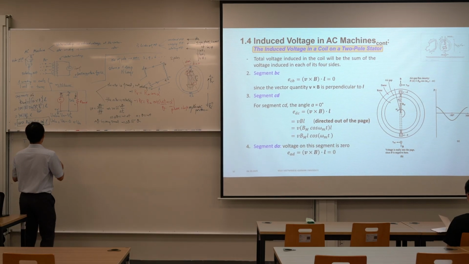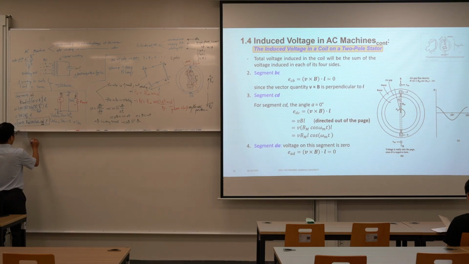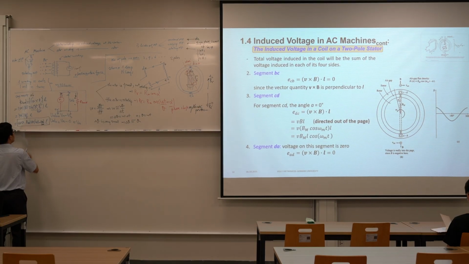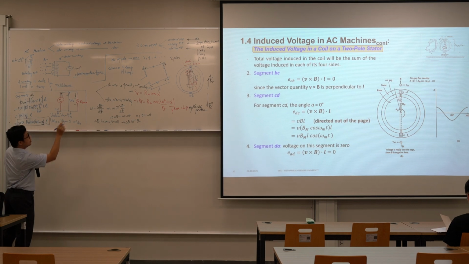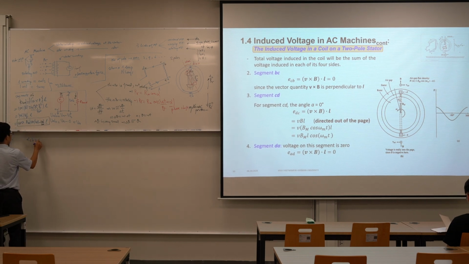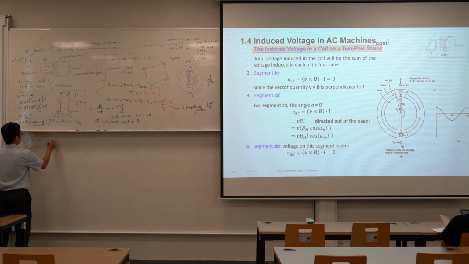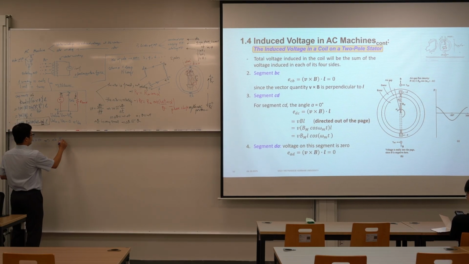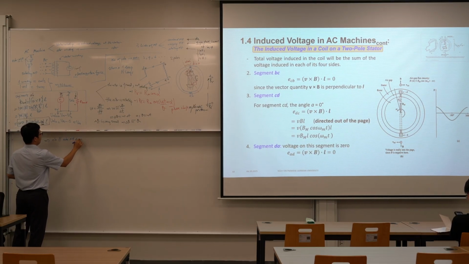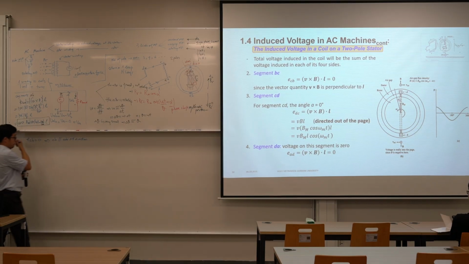That means the phase angle between V and B is 0, because segment CB is in parallel with the rotor magnetic direction.